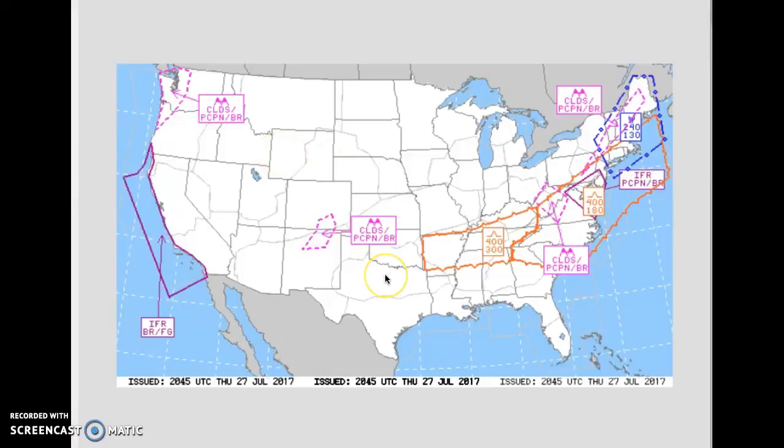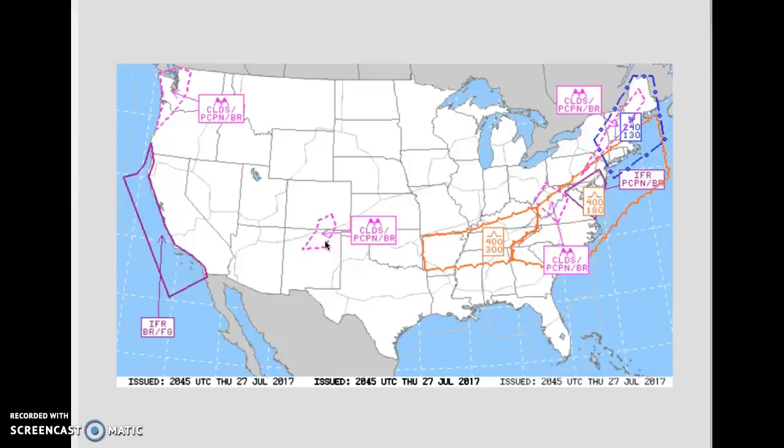Also quite a mountain obscuration here, upper north in the Washington area with precipitation and mist, and the border of Colorado and New Mexico, we do see a precipitation mist obscuration.